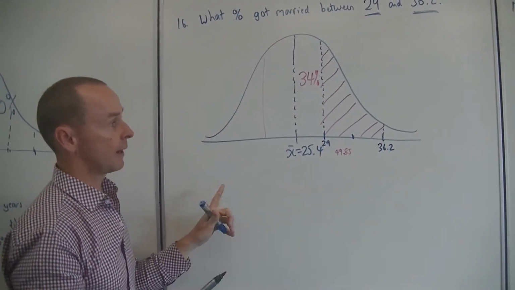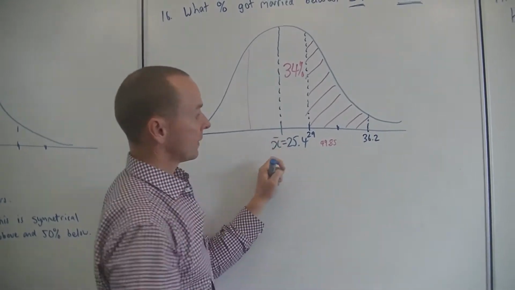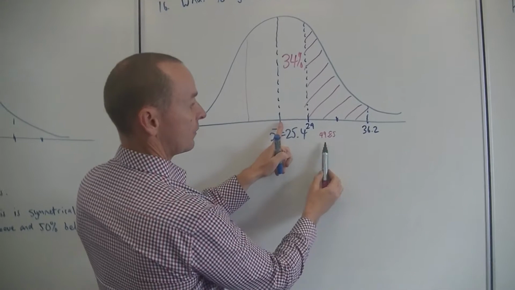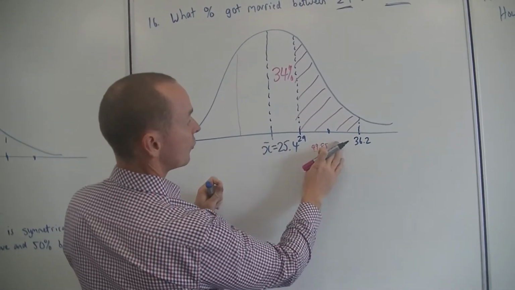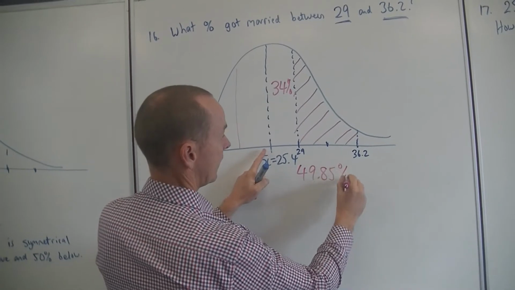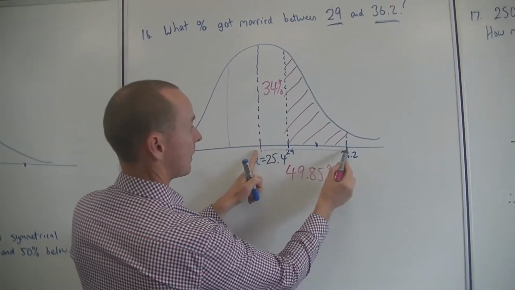Then what I've done is I've worked out for 3 standard deviations. You work it out from the third rule, half of that is 49.85. So 49.85% is from there to there, that whole amount.